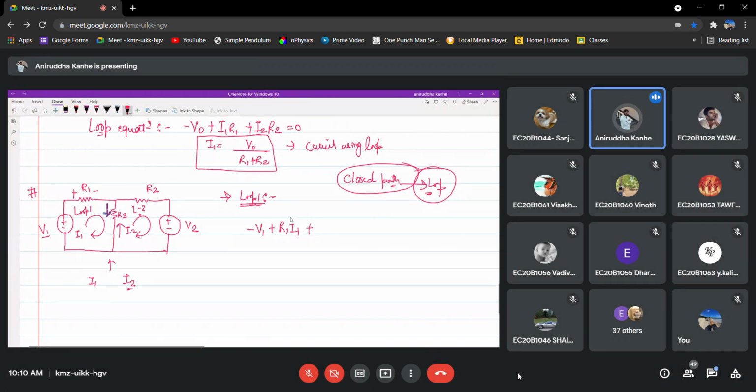You have to always consider that the loop current under consideration will be given the positive sign, as we considered for nodal.